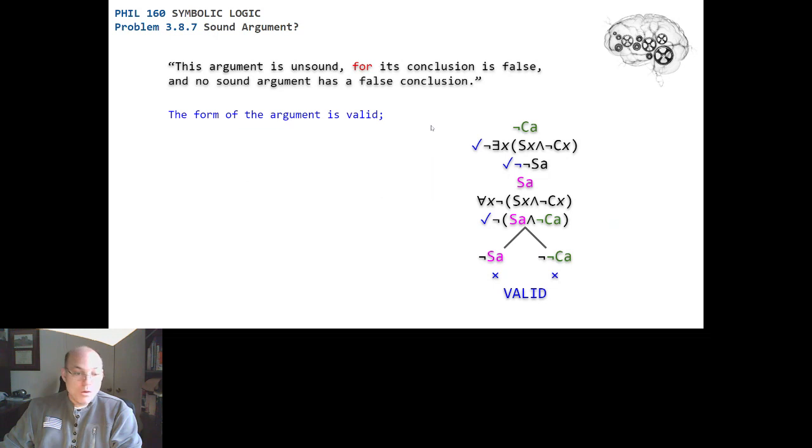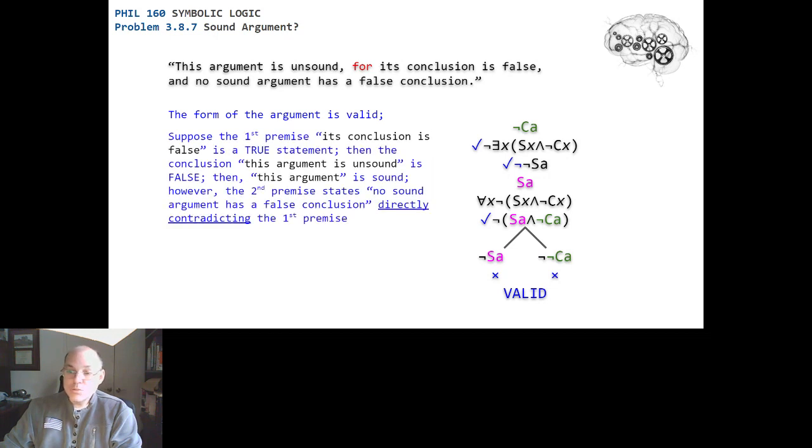Now we've got to go on to the question of soundness. The way we look at this soundness is we suppose two cases. In the first case, we suppose that the first premise, its conclusion is false, is a true statement. If that is true, then the conclusion, this argument is unsound, is false, because the premise tells us that the conclusion is false.